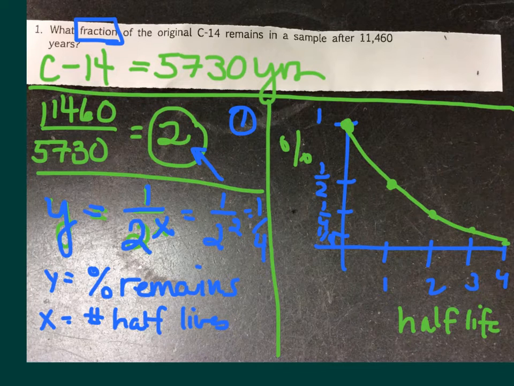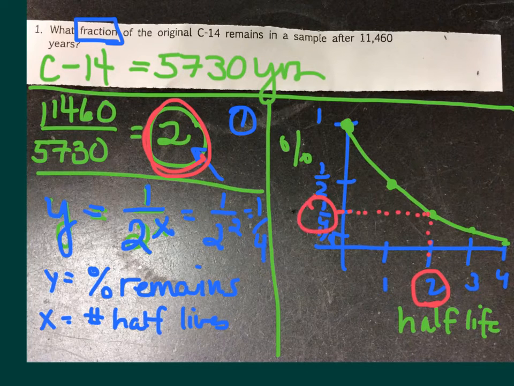It's the exact same information as that equation, precisely the same. But this time we simply take our 2 from right here, 2 half-lives, find the 2 on the graph, find its intersection with the y-axis, and we find out that there is 1/4 remaining.